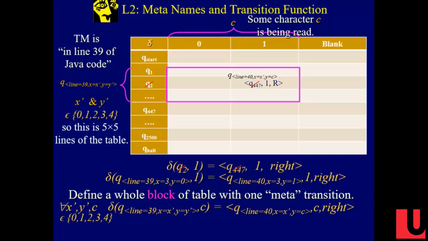I have to say what C will do if C is a blank. We don't do everything in one step, but it's a lot faster than what we were doing before. Everybody good?